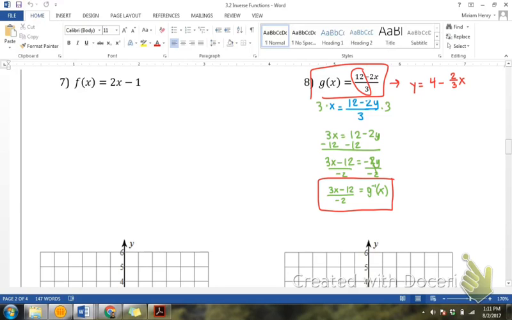And now, to put it in y equals mx plus b form, I could switch the negative 2/3 x with the 4, right? I could switch those positions, because then it's really going to look like y equals mx plus b. Negative 2/3 x plus 4. So this is my original. Can you graph this line? Okay, so let's go ahead and do that.